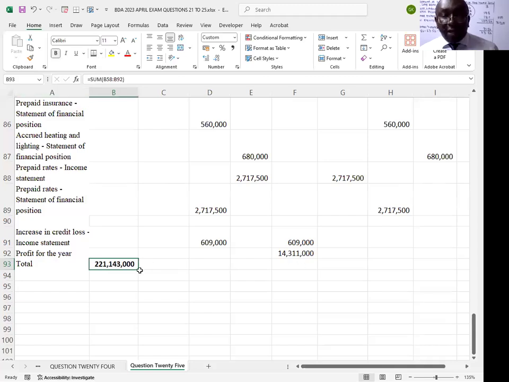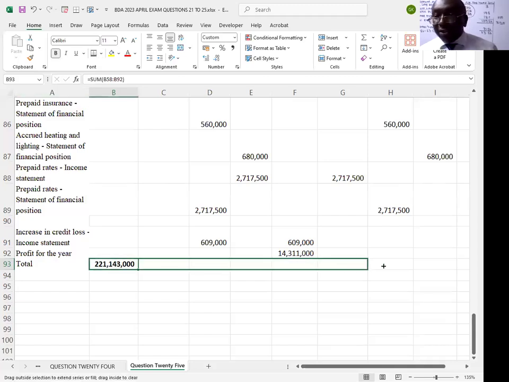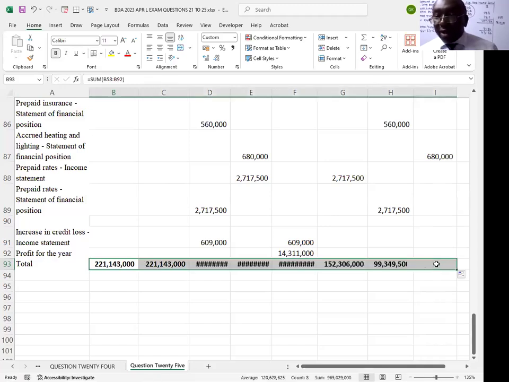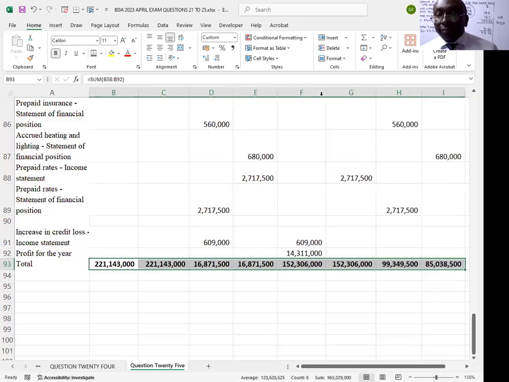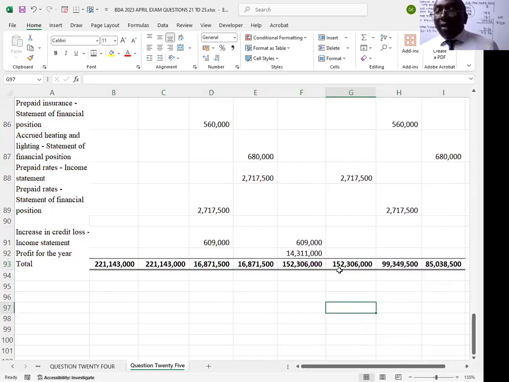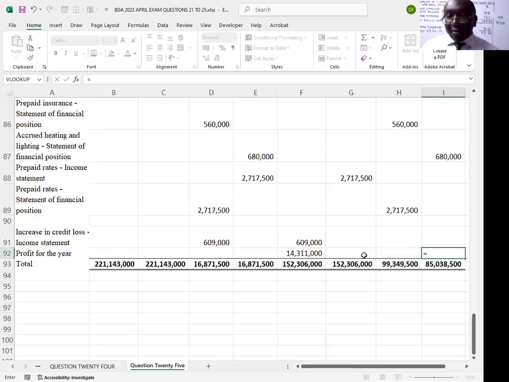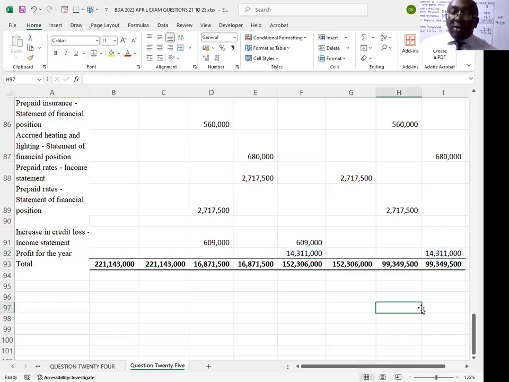Then I run with it up to there. Then this profit, we need to credit it here. And in so doing, our books are balancing.